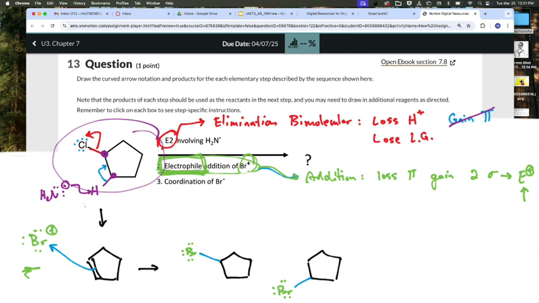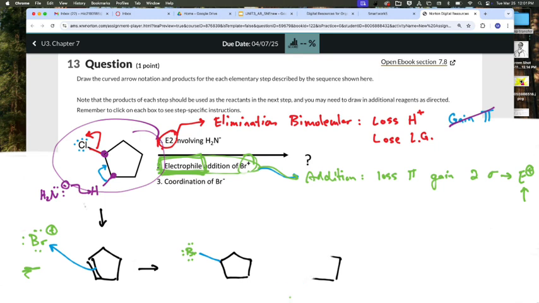Both of those are valid ways to draw that representation. How do you know? Tell me the difference between those 2 molecules. Go back to our chirality chapter and figure out the relationship. And what are you going to find out? They're identical. Right? That's why we talk about chirality.